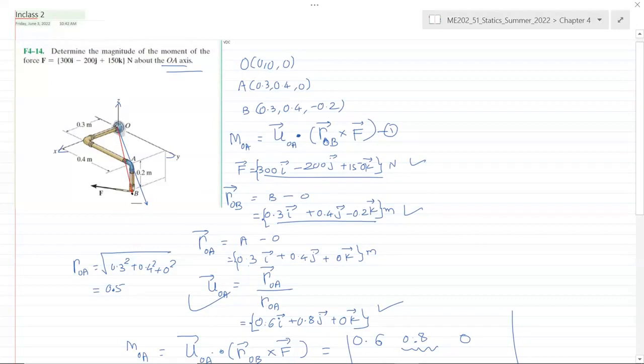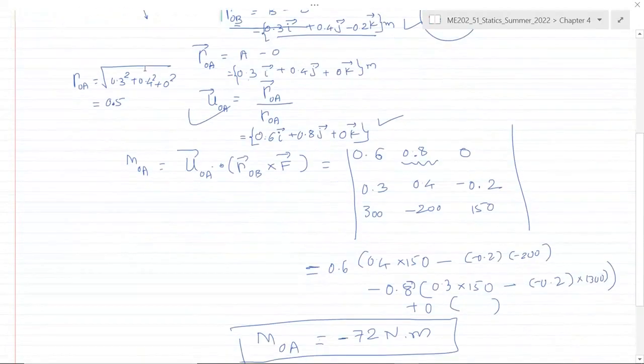It can be AB as well. If you take points A and B and use RAB, you will still get the same answer. You can try this yourself if you like. F is given as a Cartesian vector, then we used the triple scalar product and calculated the final moment using the matrix determinant. Thank you.